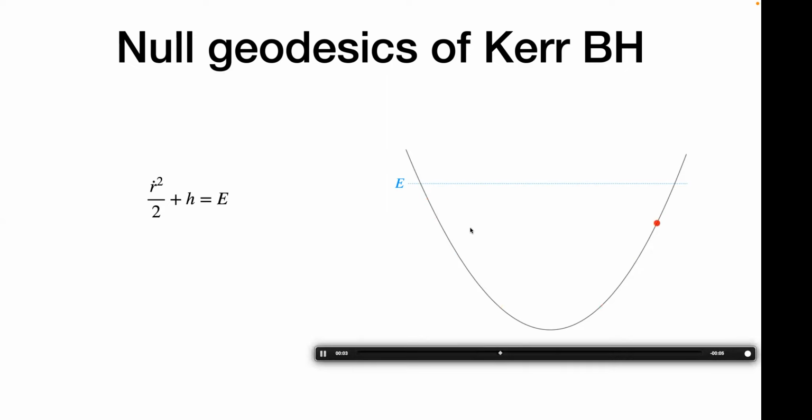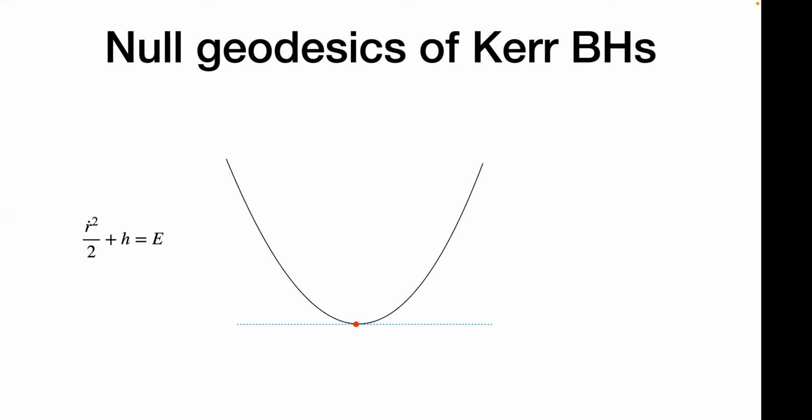If we know for a small ball rolling on a frictionless surface the shape of the potential and also the energy level, we can know its motion oscillates within this region. But if we shift this energy down here, then we know this ball just stays here and it cannot move.